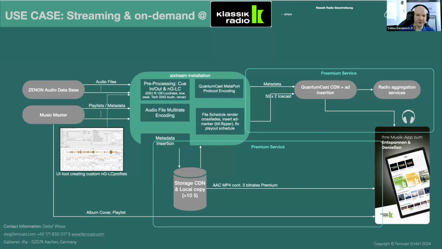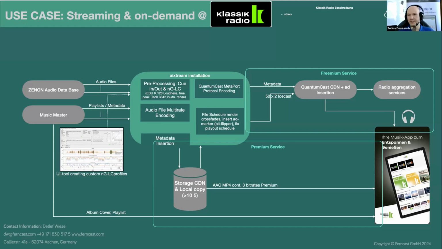And the last use case we wanted to show here, probably the most complex as far as interlocking mechanisms at work goes, is Klassik Radio, a private German commercial broadcaster.